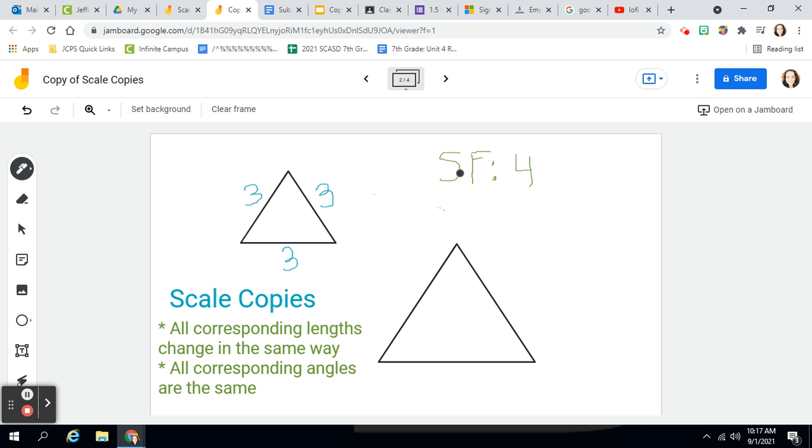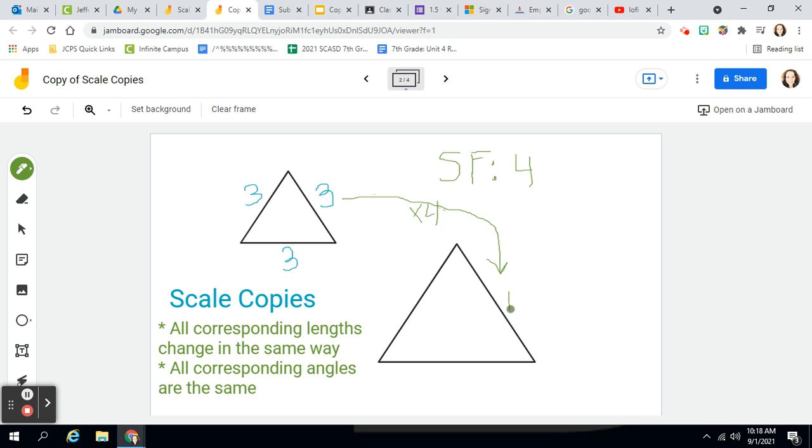If our scale factor, that's what the SF stands for, is 4, that 4 is the number that we are multiplying all the corresponding sides by to get our new side lengths. In this case, that 3 corresponds with this side. Since it's 4, we're going to do times 4.